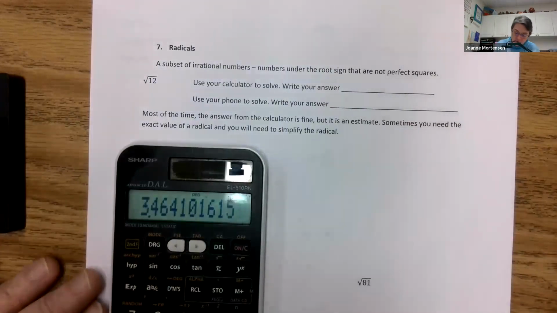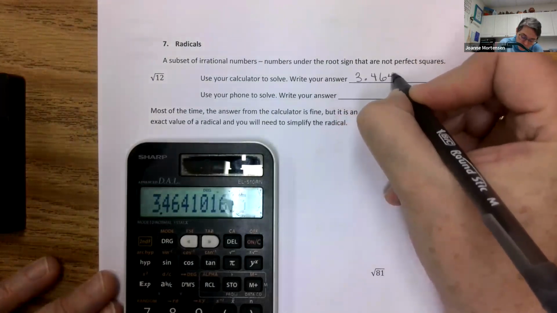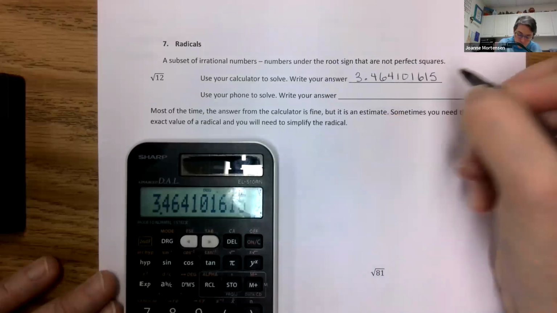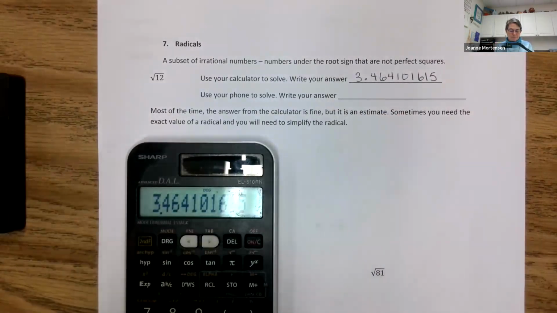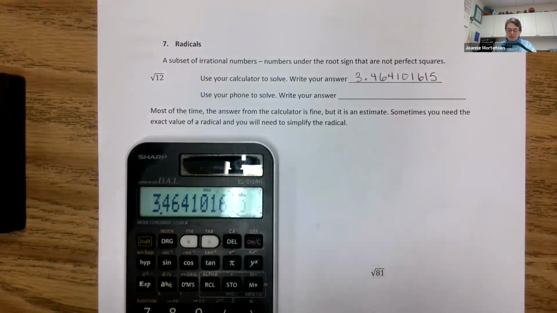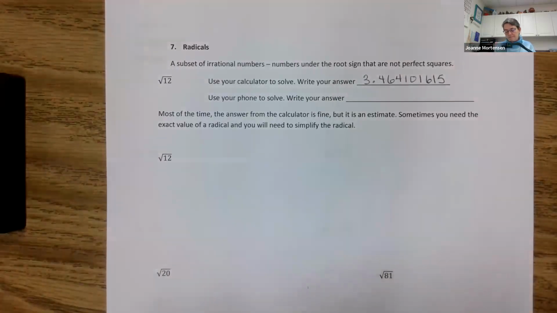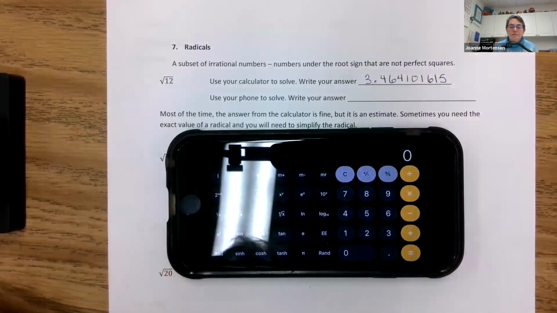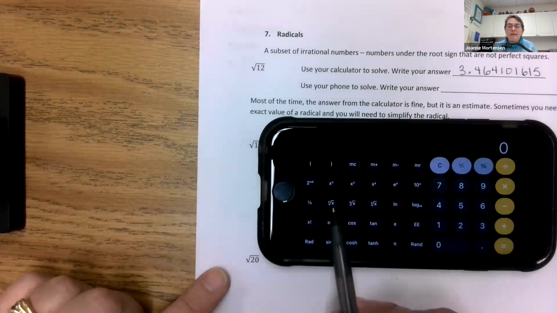And on my calculator, I get 3.46410161 5. A lot of numbers. Now, if I do the same thing on my phone, let's see if it'll work. There it is. Okay, see, there's the square root button.